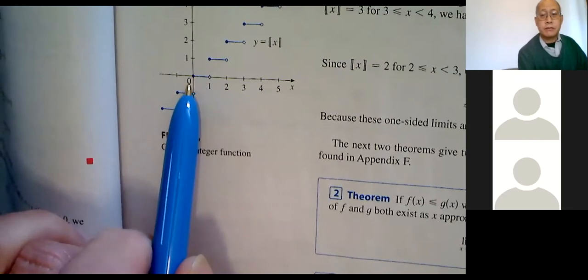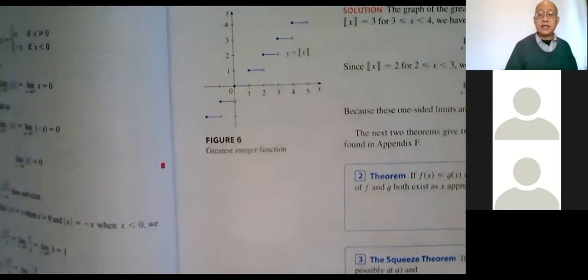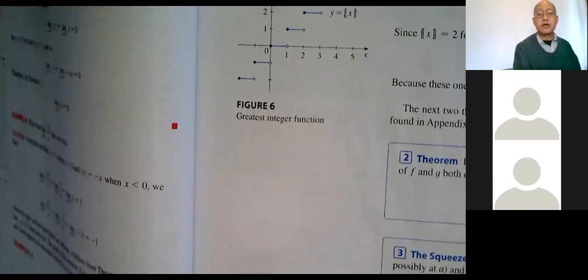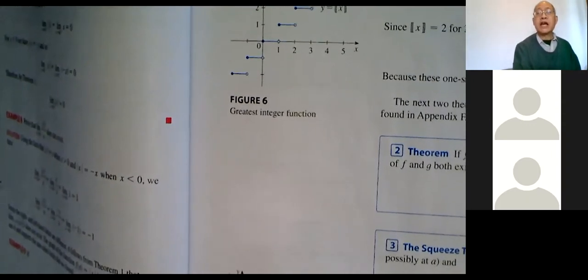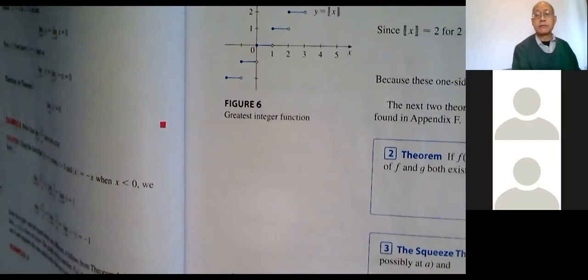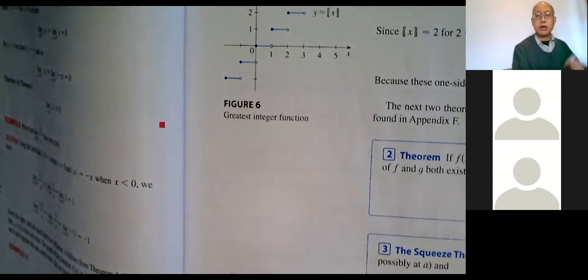The limit at -2 would not exist. f of -2 is -2, but the two-sided limit at -2 does not exist, because if I pick a number like -2.01, that drops down to -3, but if I pick -1.99, that becomes -2. So the two-sided limit would not exist.